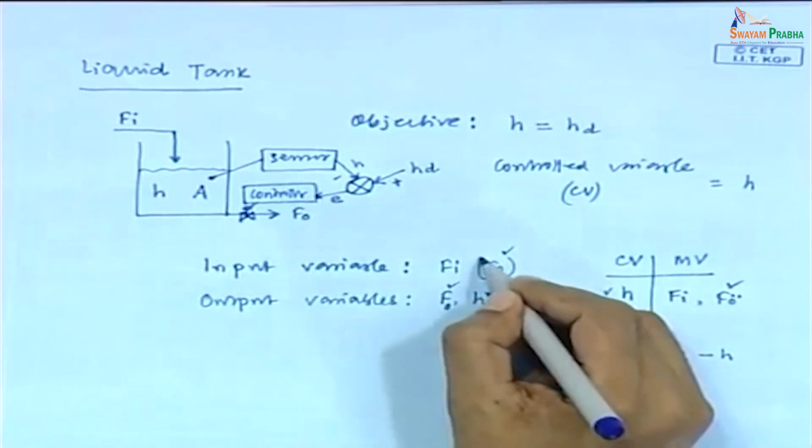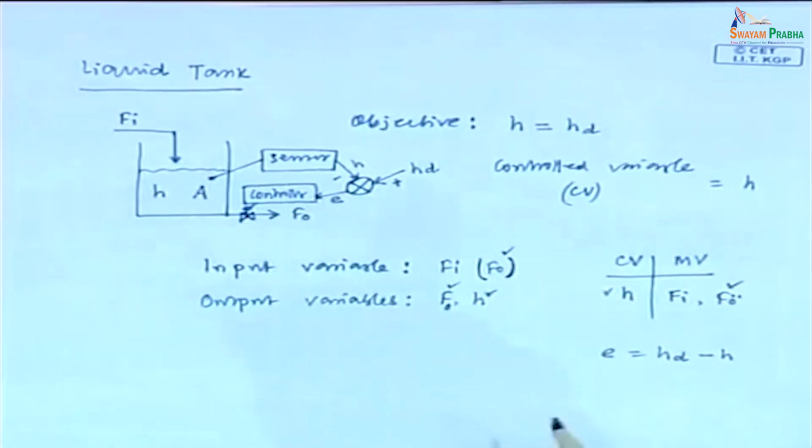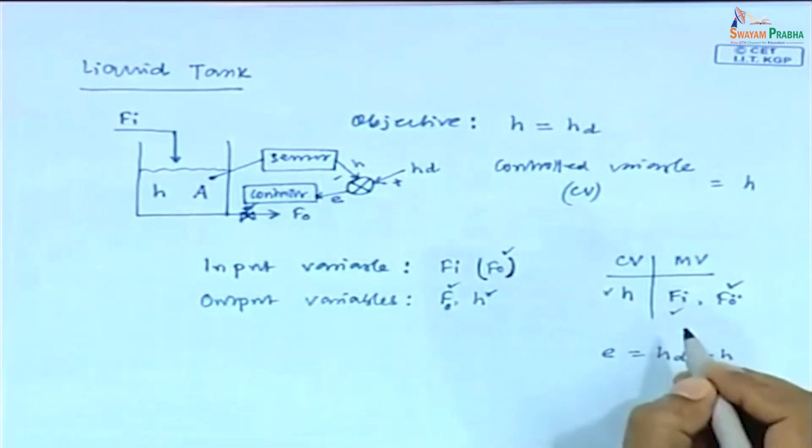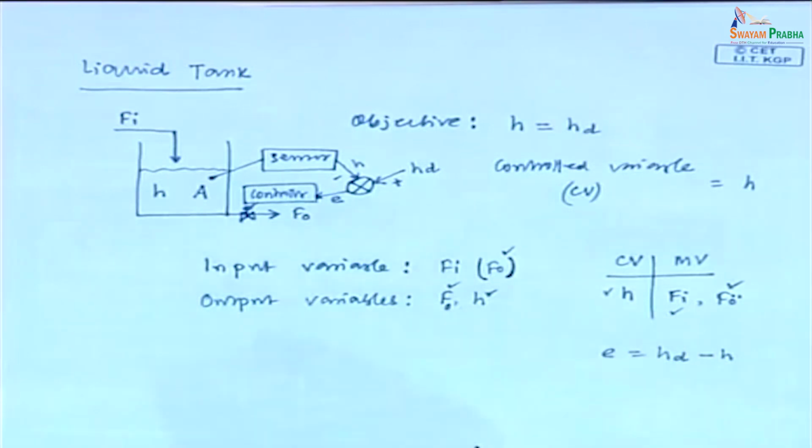That is why you write F naught within brackets. But if we consider Fi as the manipulated variable, in that case F naught is an output variable. Clear? Fine.